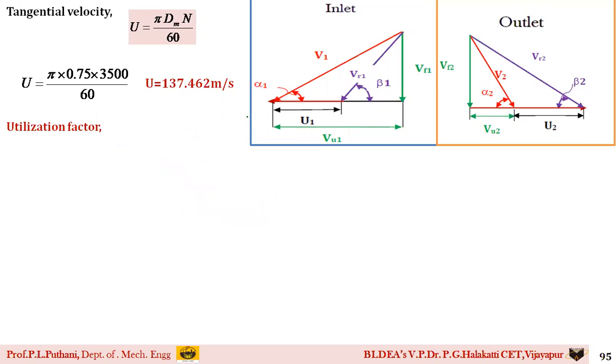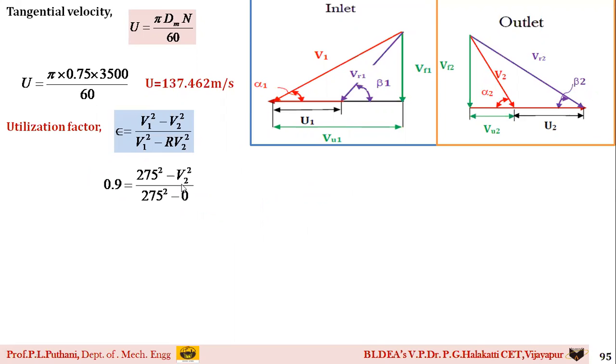So using this particular equation and the given condition, on simplification and substituting the values, I get the value of V2 as 86.96 meters per second. From the inlet velocity triangle, you can take the help of your trigonometric functions, that is sine, cos, or tan, and get the values of Vf1 and Vu1.